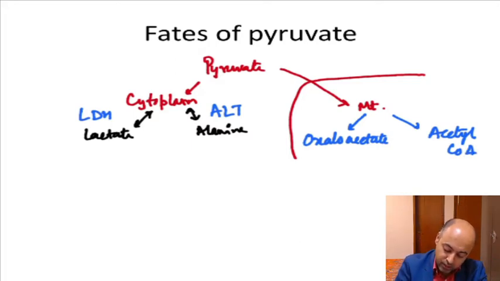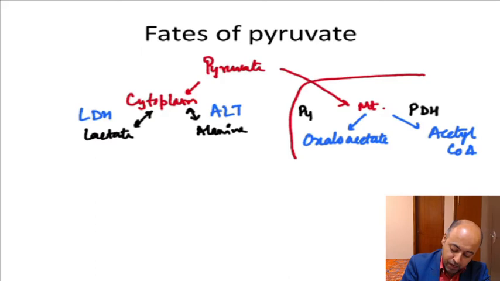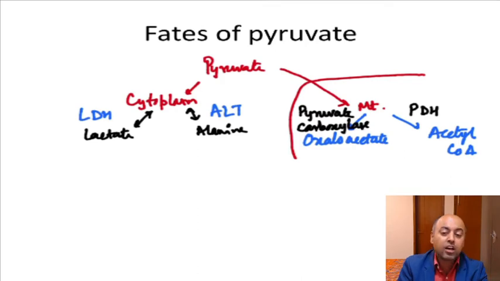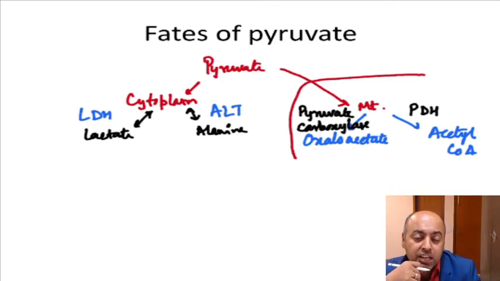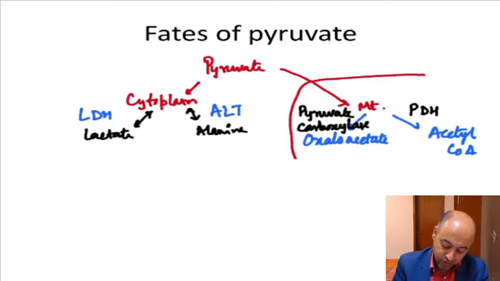For acetyl coenzyme A, we have the pyruvate dehydrogenase complex, whereas for oxaloacetate we have pyruvate carboxylase. Carboxylation is required because oxaloacetate has 4 carbons, whereas pyruvate only has 3 carbons. So we require the carboxylation step. So these are the fates of the pyruvate.